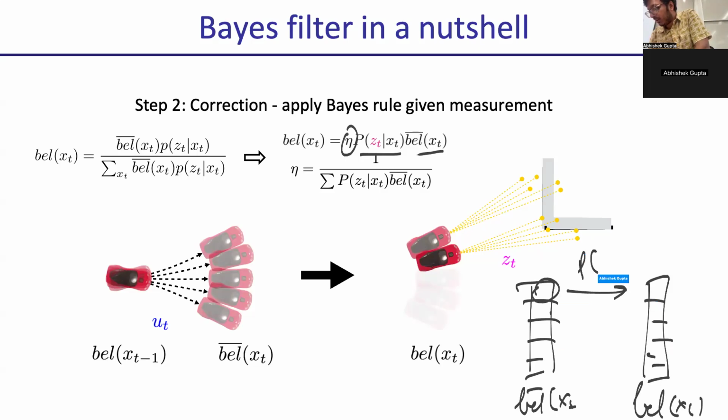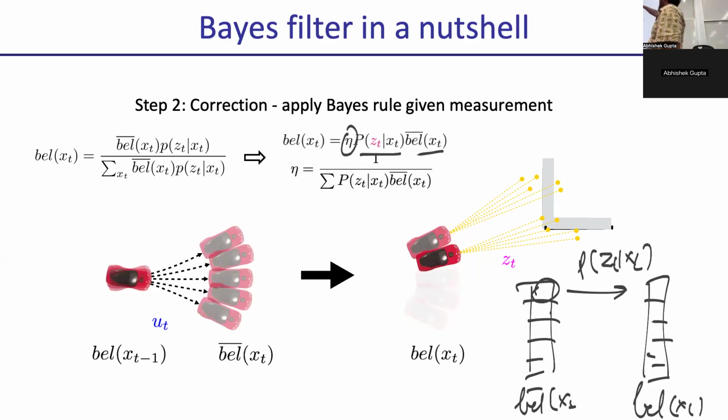You're going to multiply it by P of ZT given XT for that particular XT, right? And you're going to re-weight the distribution that way. So for instance, if it's super unlikely, P of ZT given XT is going to be close to 0. And if it's very likely, P of ZT given XT is going to be high, it's going to be 1, right? And so the things that are likely will be weighted high, and the things that are unlikely are going to be zeroed out.